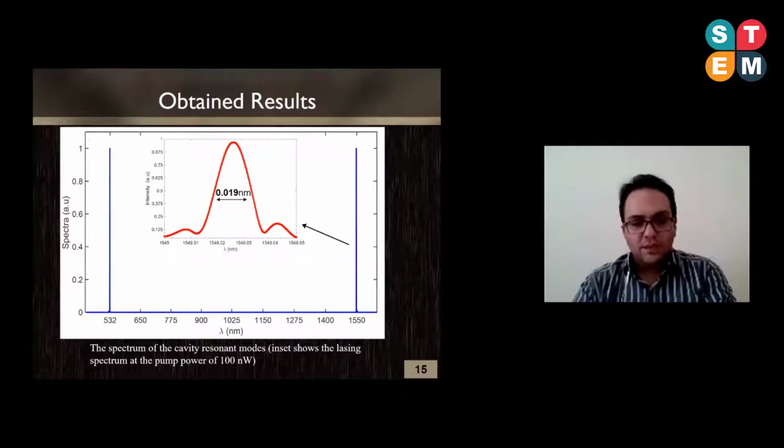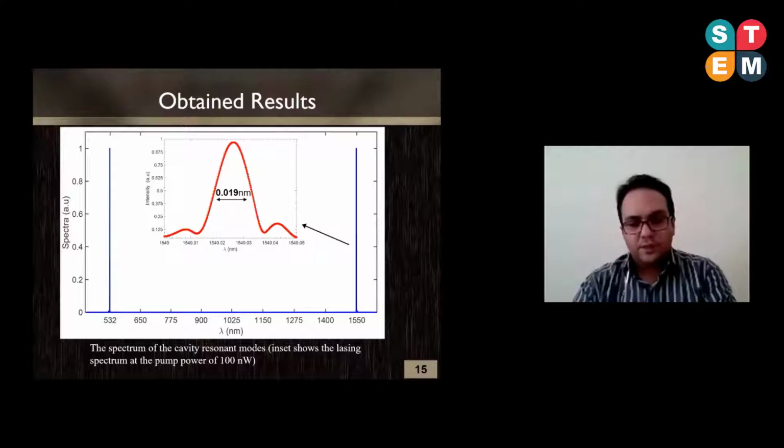As calculated from the spectra, the Q factors of the pump and lasing resonant modes are on the order of 10^5, and this is a really high Q factor for a photonic crystal cavity. The inset of the figure illustrates a zoomed-in representation of the laser output spectrum at a pump power of about 100 nanowatts.